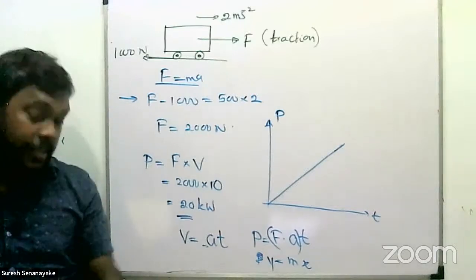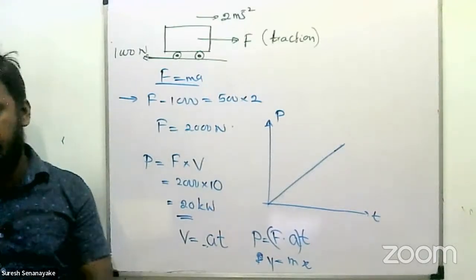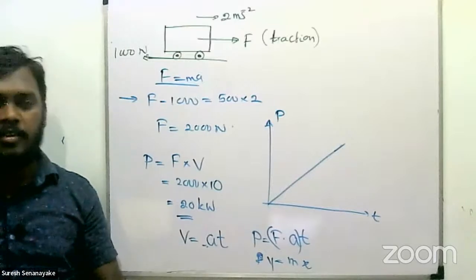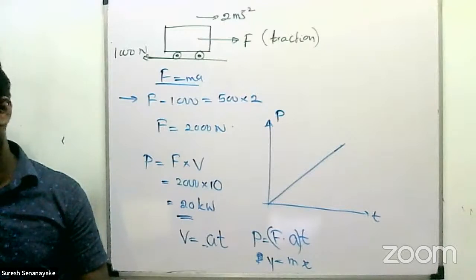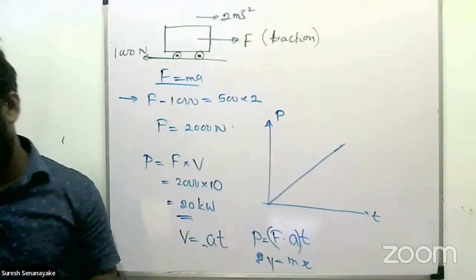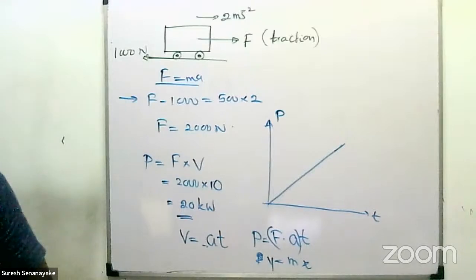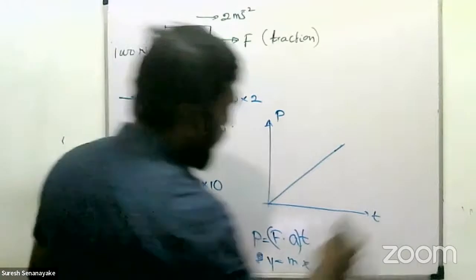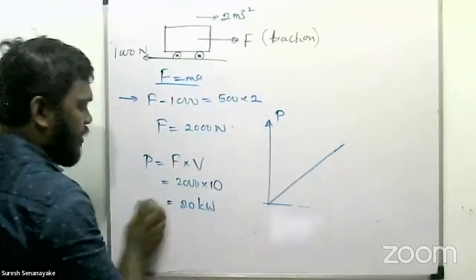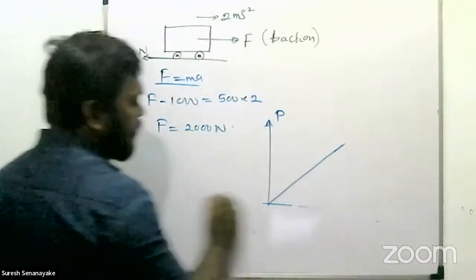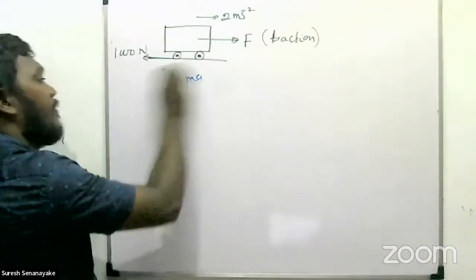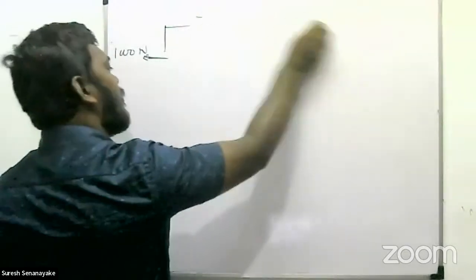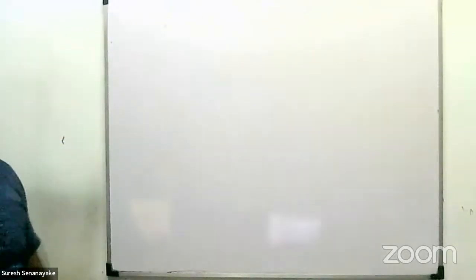Write the mass of the car, motor car. Mass of a motor car is 1000 kilogram. The maximum power which its engine can operate is 50 kilowatts.